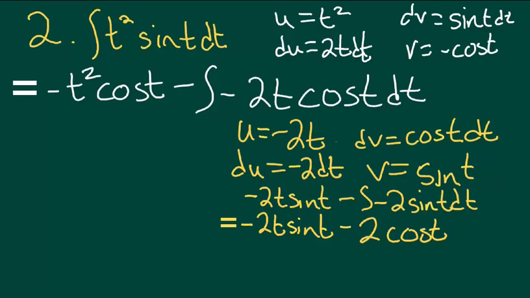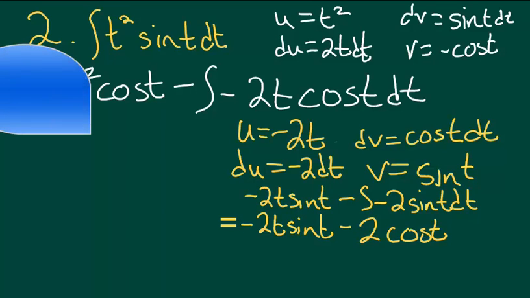So your final answer is just going to be negative t squared cosine of t minus all of this. Don't get that confused, because this minus sign is still right there, and we integrated everything in here.